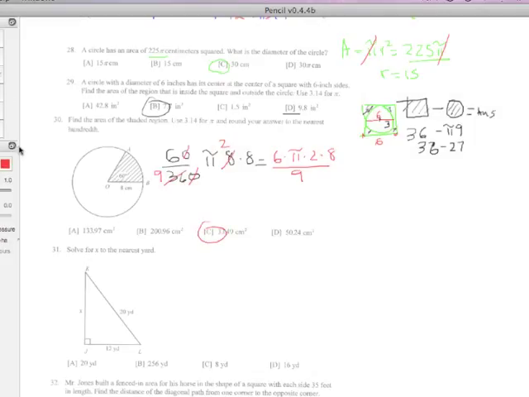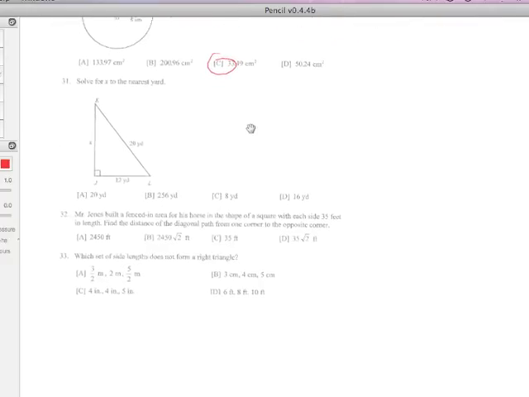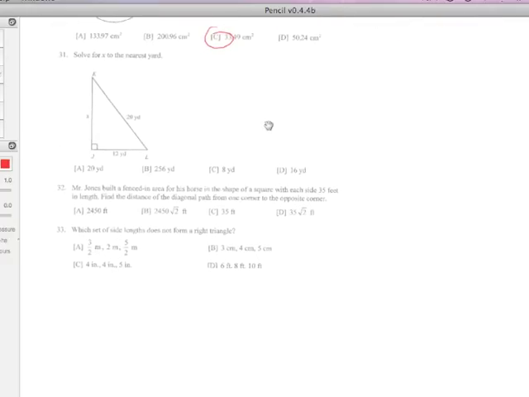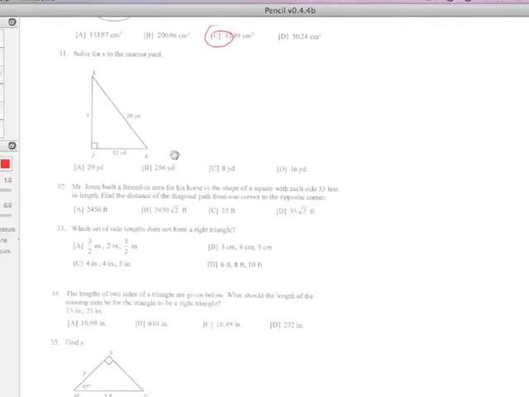The next one is solve x to the nearest yard. Here we jump on the Pythagorean theorem. This squared plus x squared should be 20 squared, and we're trying to find x. So let me write that out. x squared plus 12 squared equals 20 squared.